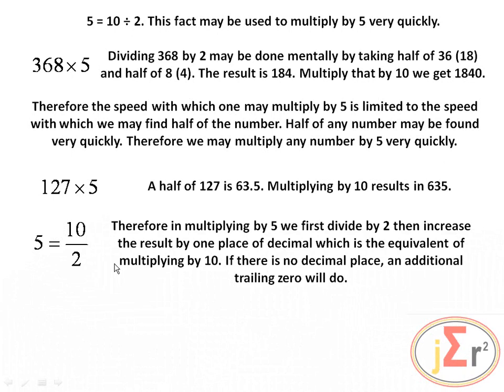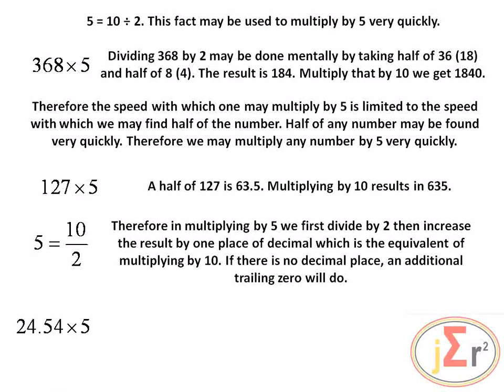Therefore, in multiplying by 5, we first divide by 2, then increase the result by 1 place of decimal, which is the equivalent of multiplying by 10. The equivalent of multiplying by 10 is to increase by 1 place of decimal. So if there is no decimal place, an additional trailing 0 will do.